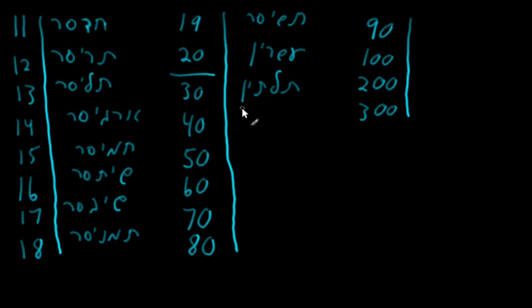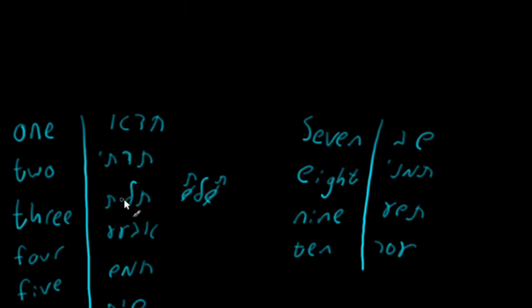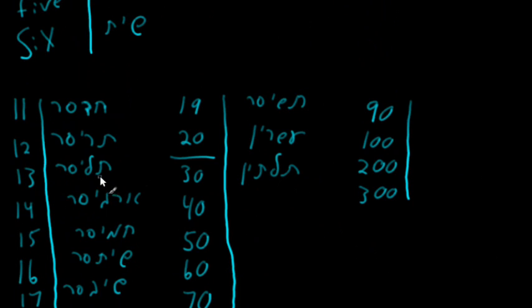Again, we see there's a remarkable similarity to the original ones. Up here we have telas, then we have 13 is telesar, and then 30 is telatin. Okay, and then we have arba'in again.